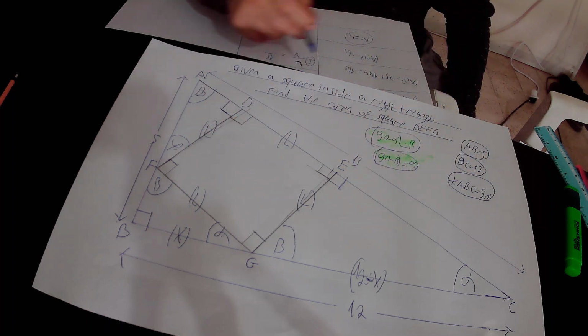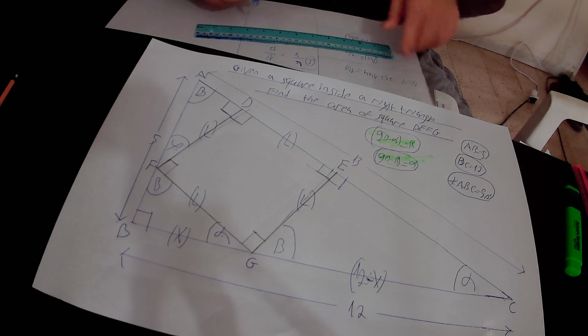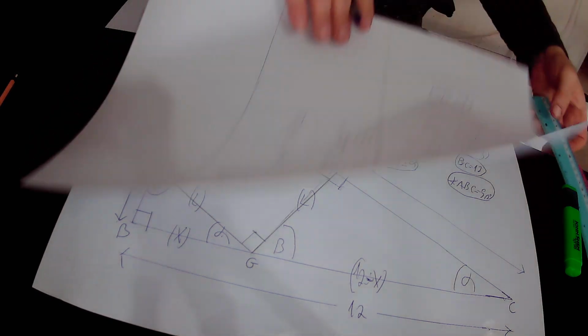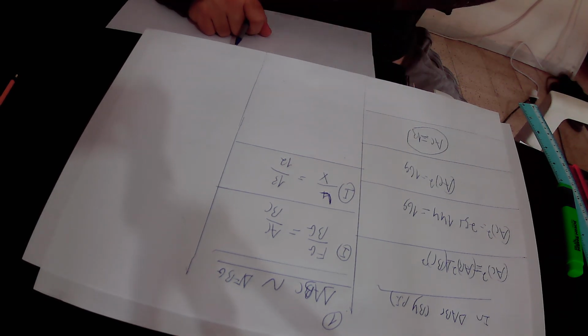BC is 12 according to what is given in the question. So actually, according to equation 1, I found out that L over x equals 13 over 12.